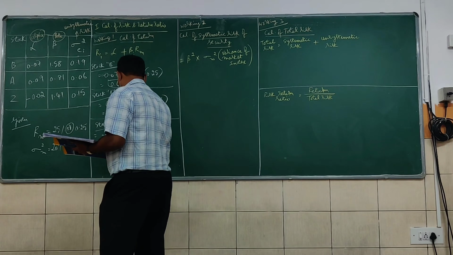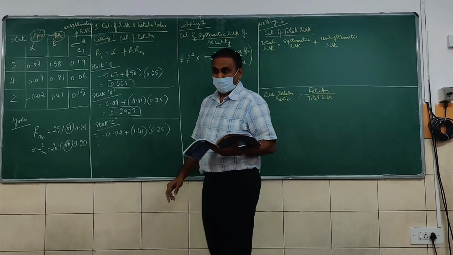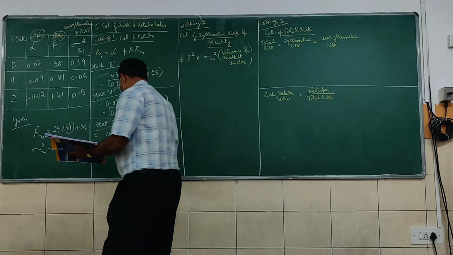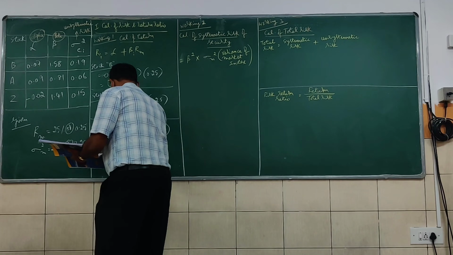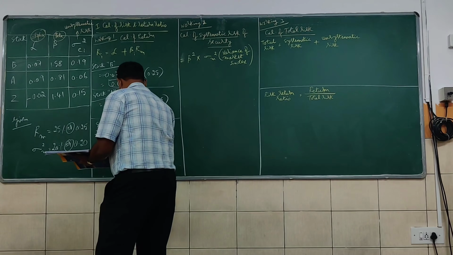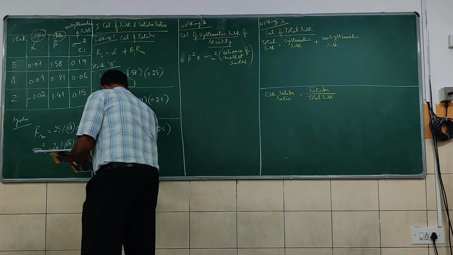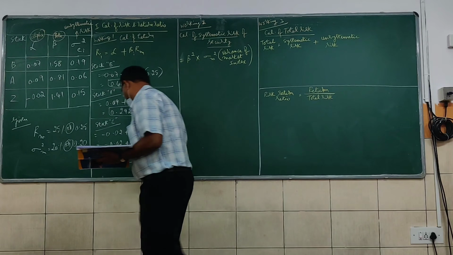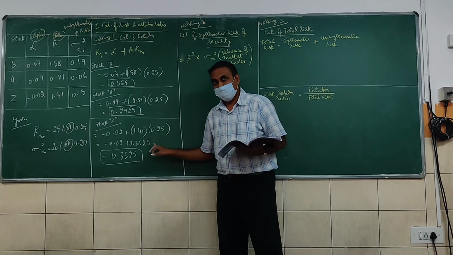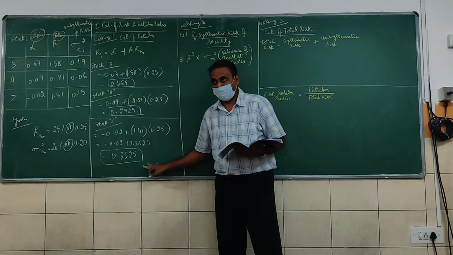You have to be more careful while calculating. First simplify the multiplication, then one is plus, one is minus. Plus is more, so the plus symbol will come with the value. This is the return.